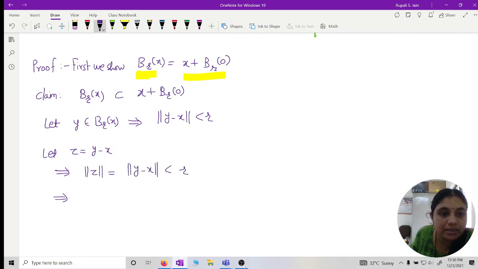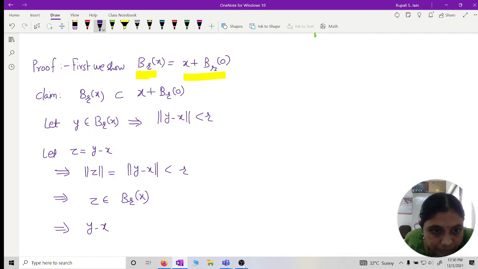So what does this imply? Which ball does z belong to? Let me correct that: z does not belong to B_R(x).